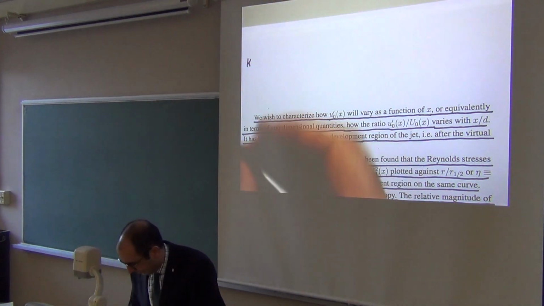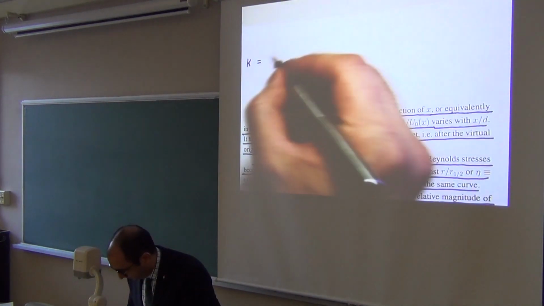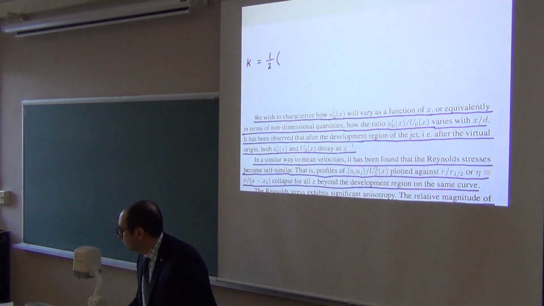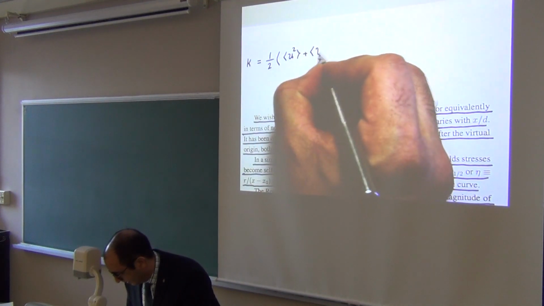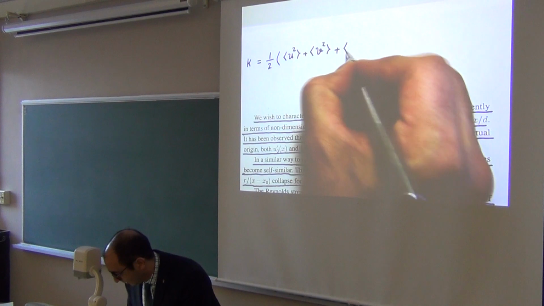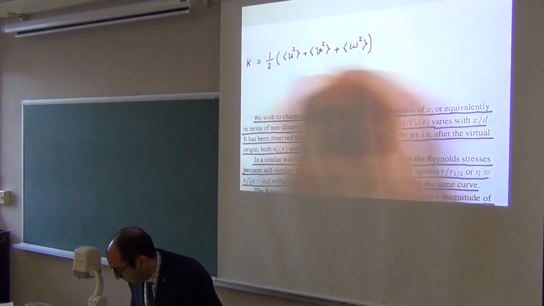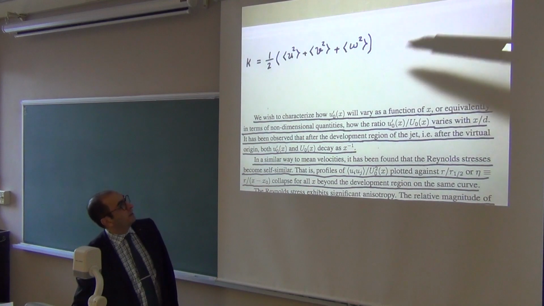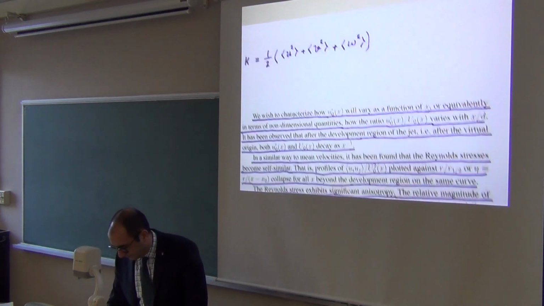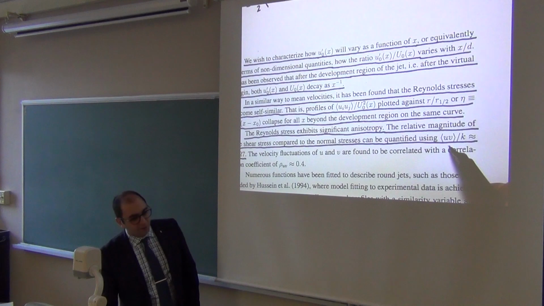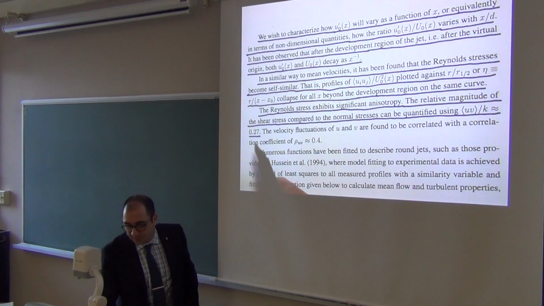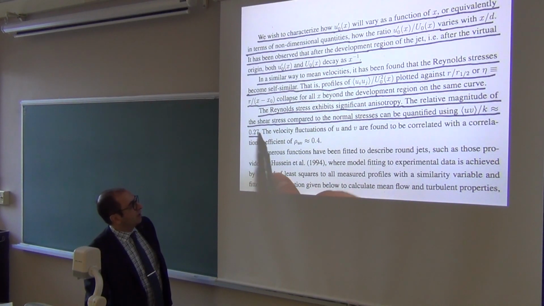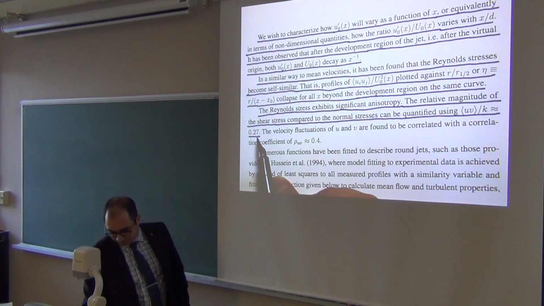K is equal to 1/2 of U squared plus V squared plus W squared. So if you add all of them up, you get the kinetic energy of the jet. Here I'm saying the cross correlation, or the shear component of the Reynolds stress divided by this kinetic energy for most jets is about 0.27, almost everywhere in the self-similar region. Okay? Doesn't matter where you measure.